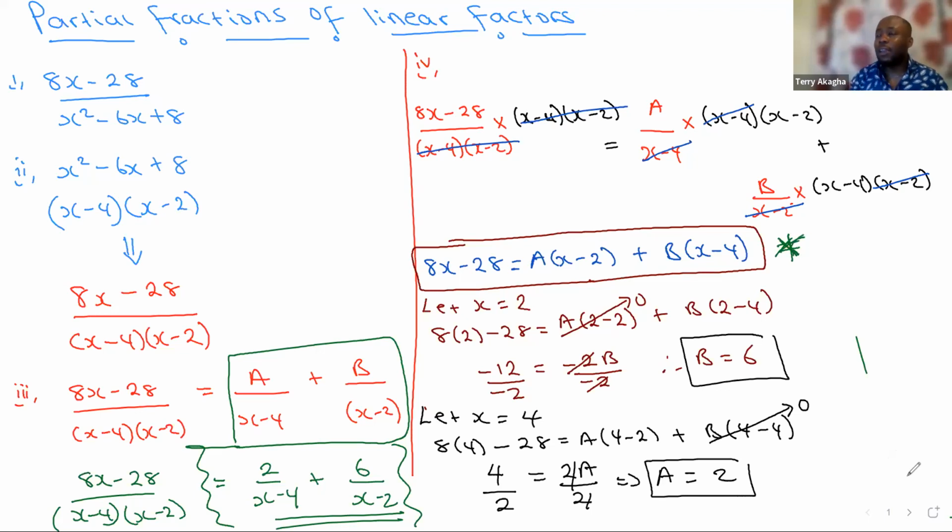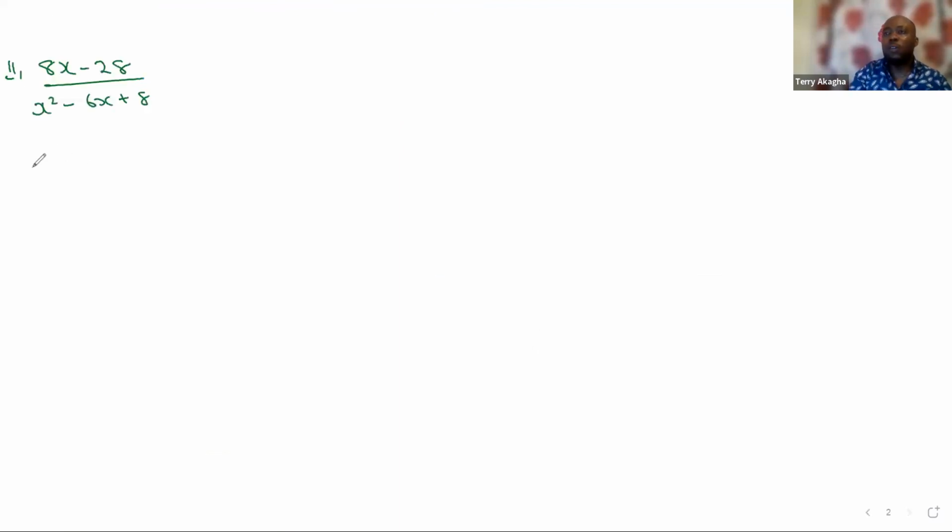So you get 8x minus 28 equals a(x minus 2) plus b(x minus 4), assuming you've done step 1 to step 4.